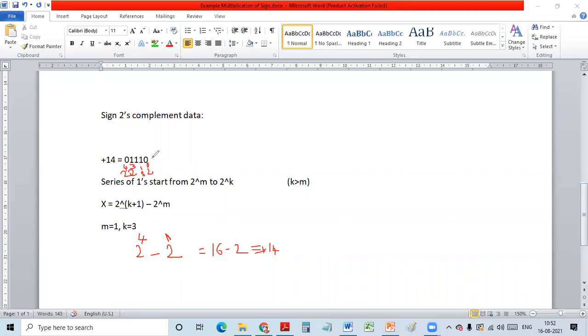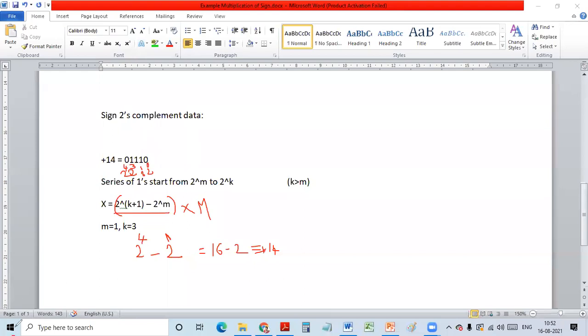So any number which has a series of ones, starting from 2 power m to 2 power k, can be represented as powers of 2, as 2 power k plus 1 minus 2 power m. When this number is multiplied by some other number, what is the product result?